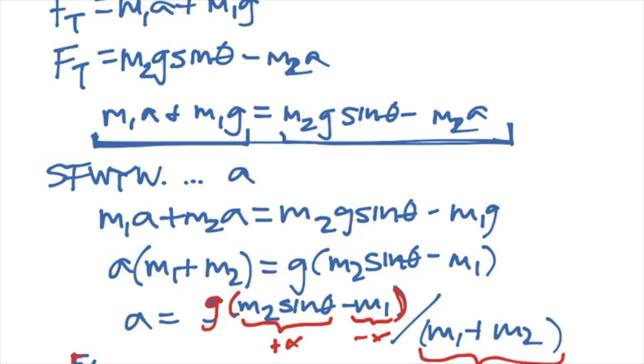Let's look further now at what happens if we apply a couple special cases. One case is where theta equals 0, and the other special case is where theta equals 90 degrees. And we'll look at that on the next page.